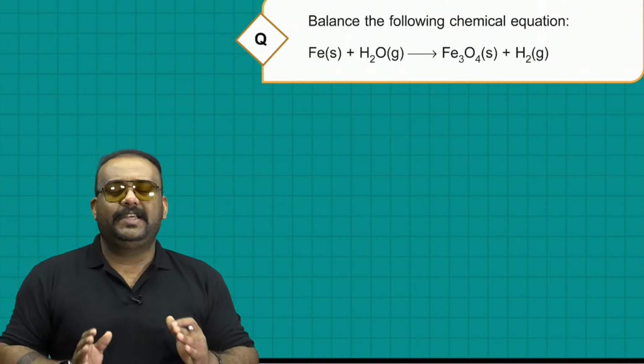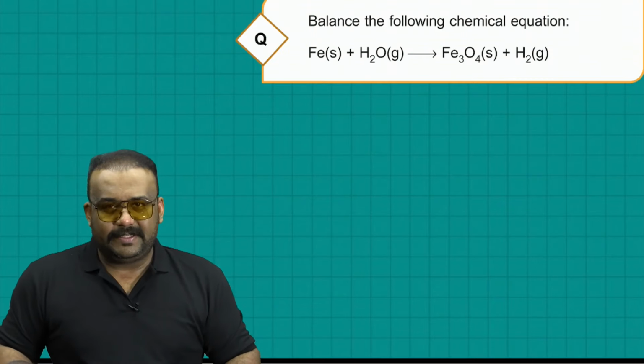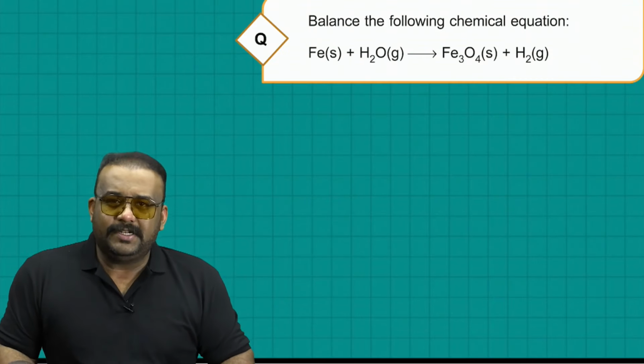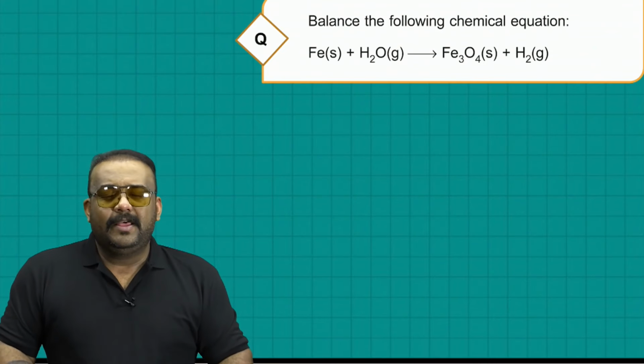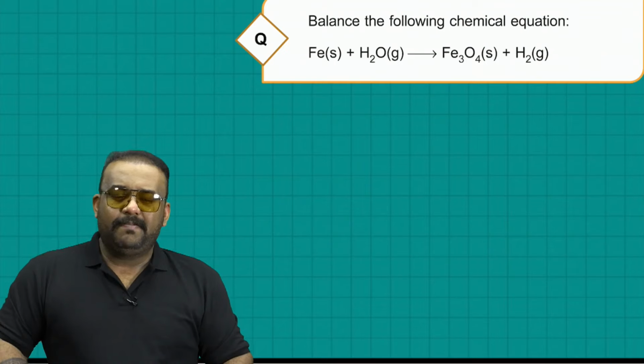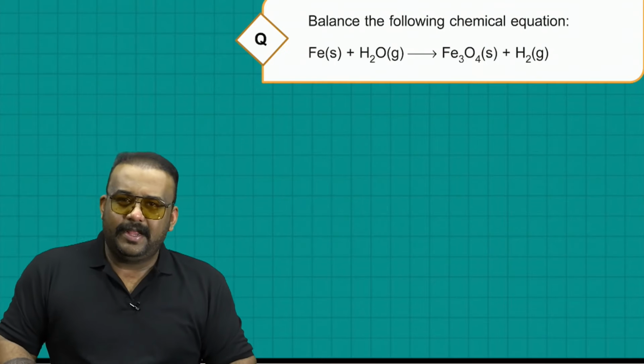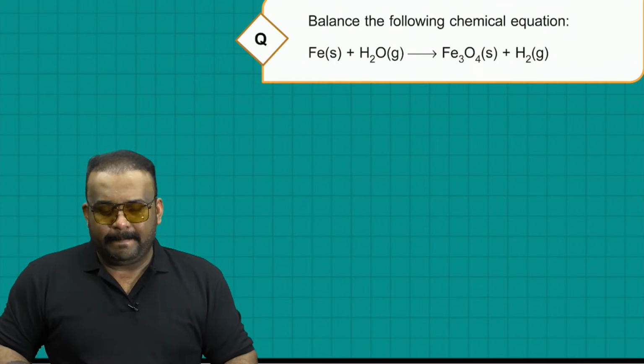Basically, a chemical reaction is just a rearrangement of the atoms. So the condition for writing a chemical equation is that the total number of atoms before the reaction has to be there after the reaction as well.